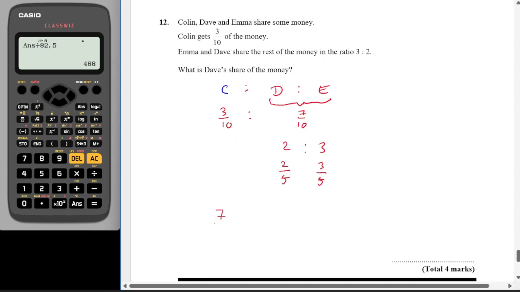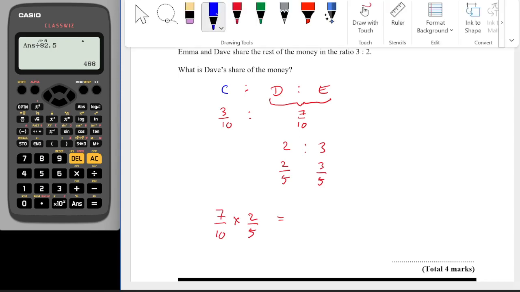So we're doing 7 over 10 times 2 over 5, which would give us 14 out of 50. I'm going to actually rewind that slightly. So I'm going to cancel diagonally first before I multiply. These two numbers have got 2s in common. So that would go in 5 times, that would go in once.